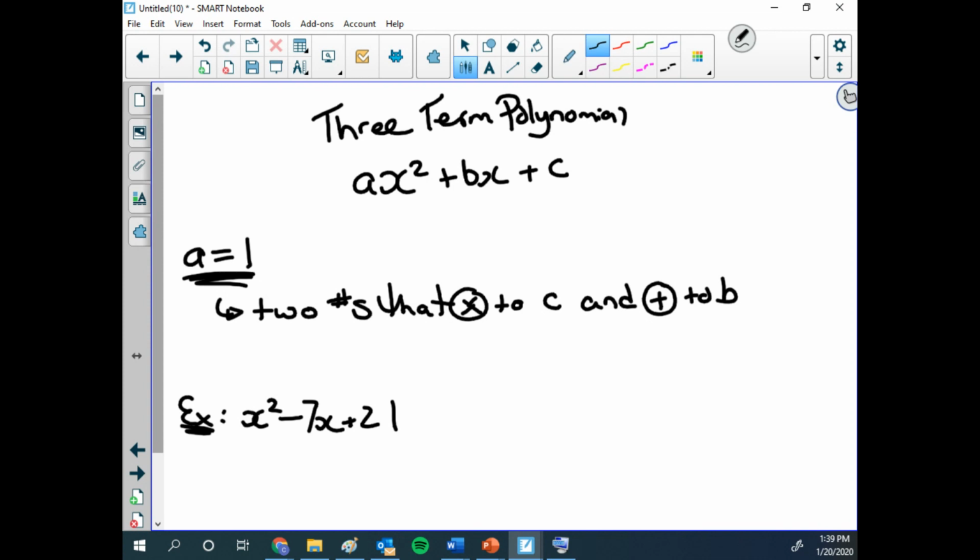Whatever those 2 numbers are going to become your integers in your binomial. Those numbers become the integers in the binomial.